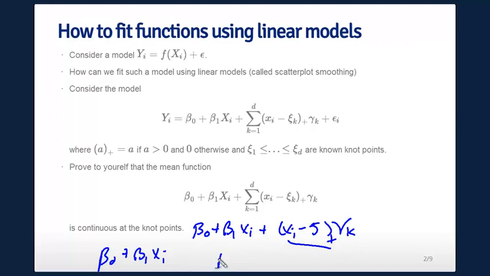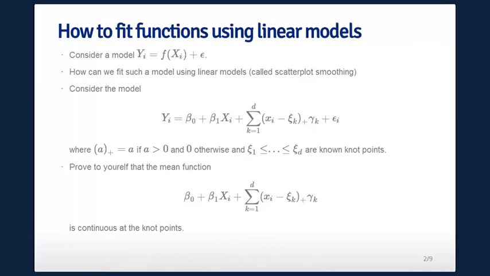And then above 5, it's going to be beta naught plus beta 1 x_i plus (x_i minus 5) times gamma k.